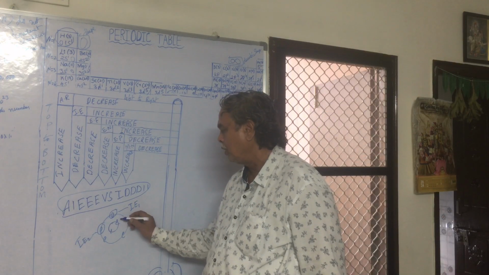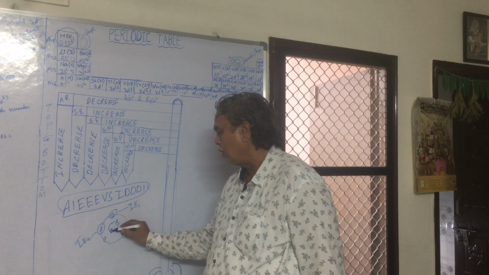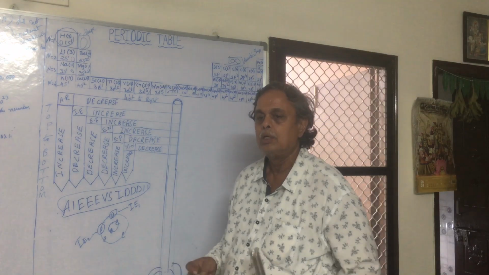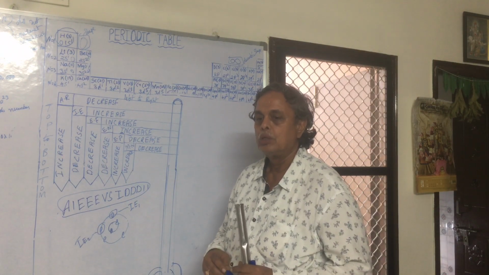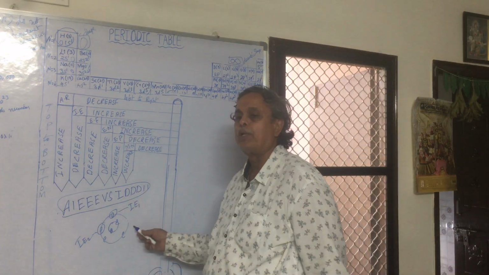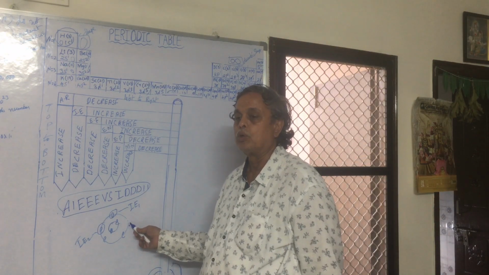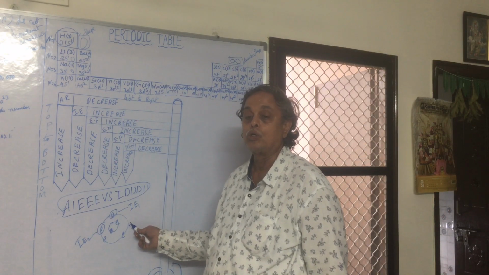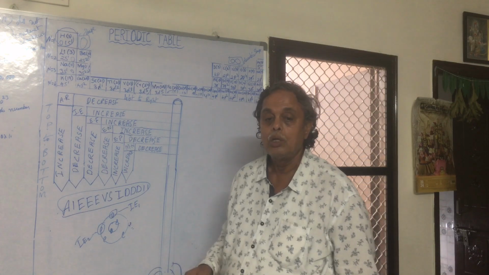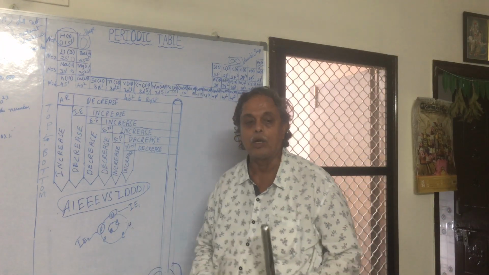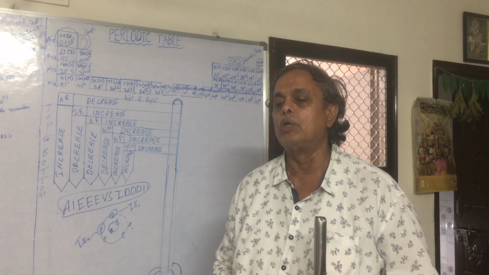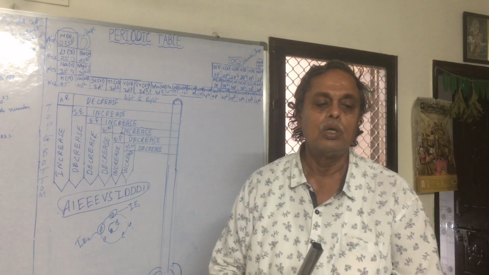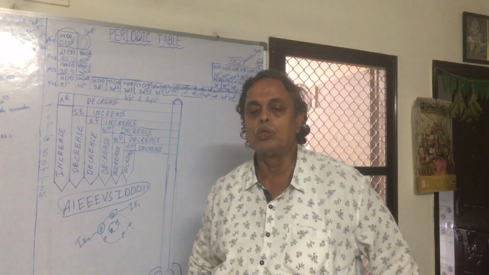Finally, if you remove this last electron, you will have to use more energy, approximately 50,000 kilojoules per mole. If you want to remove the final electron, we must use 50,000 kilojoules per mole.